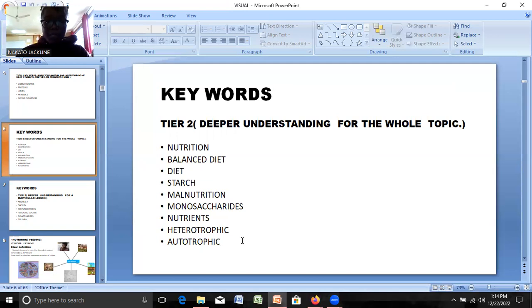For example, nutrition, balanced diet, starch, malnutrition, monosaccharides, nutrients, heterotrophic nutrition, autotrophic. So for the whole topic, these are the main words deaf learners have to understand in tier 2 so that they can master this topic.